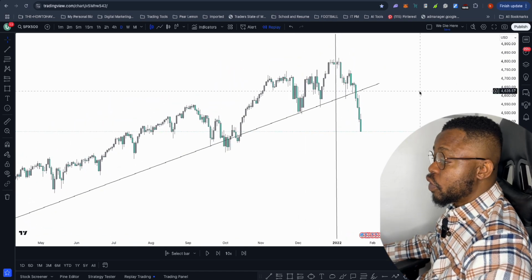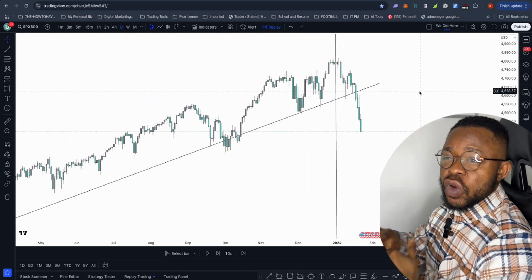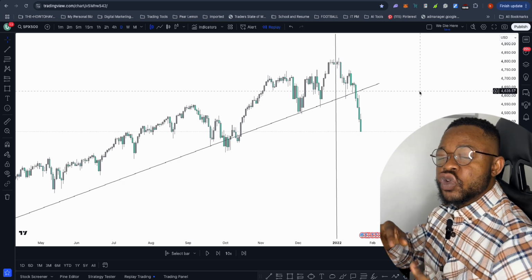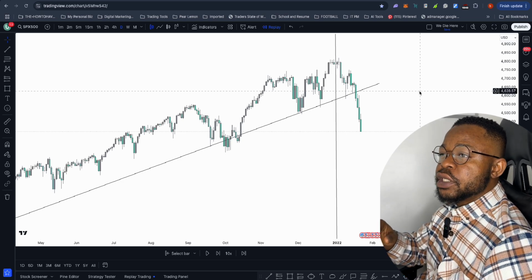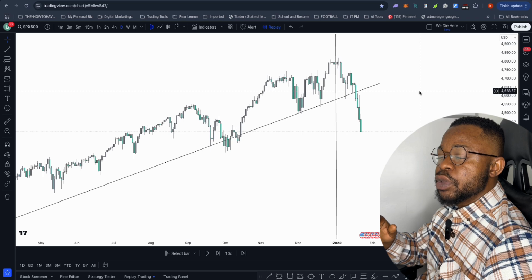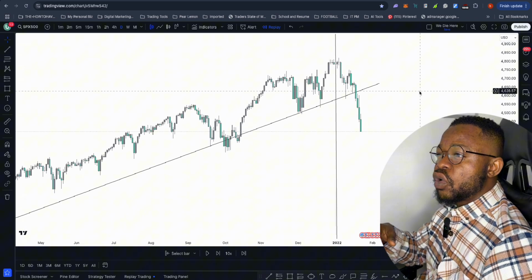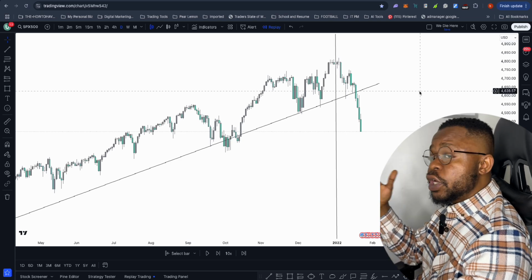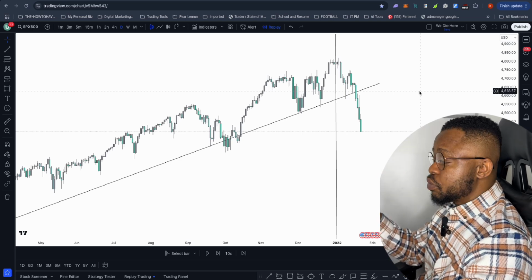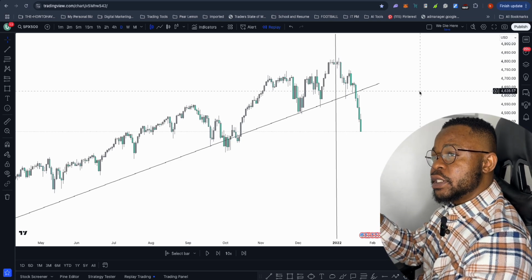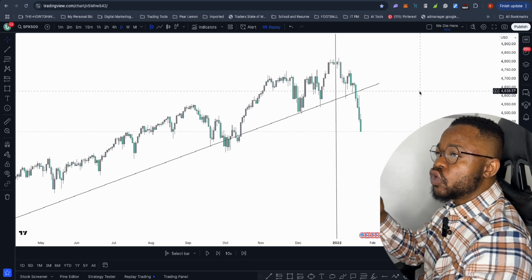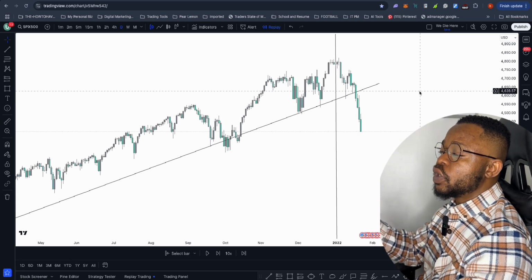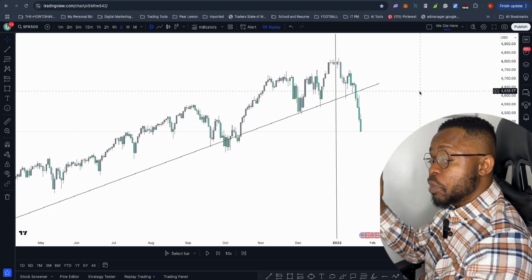So my strategy involves trading demand and supply zones. When I mean demand and supply zones, I mean zones in the market where price has previously attempted to maybe break or reach or bounced off from. In the bigger picture, people call it support and resistance, but why I call it demand and supply zones is because I'm not looking at the overall play, I'm looking at the immediate effects of the market.